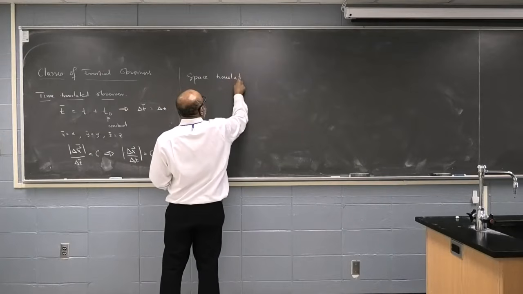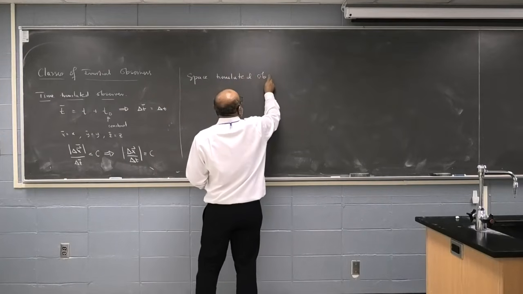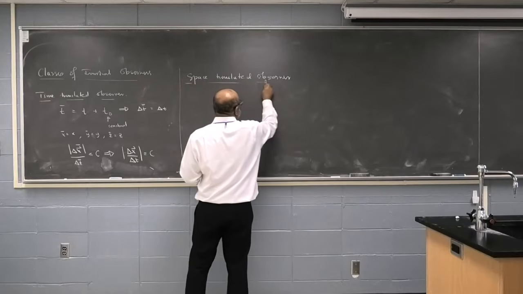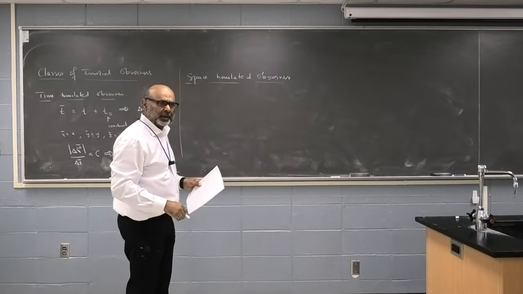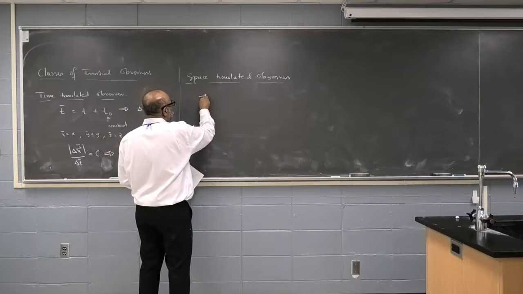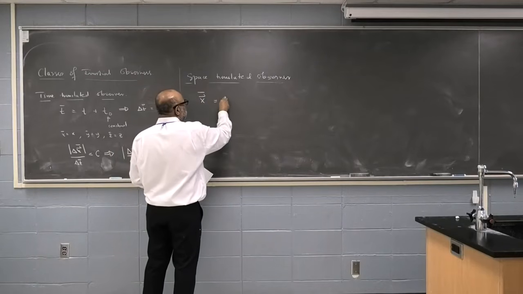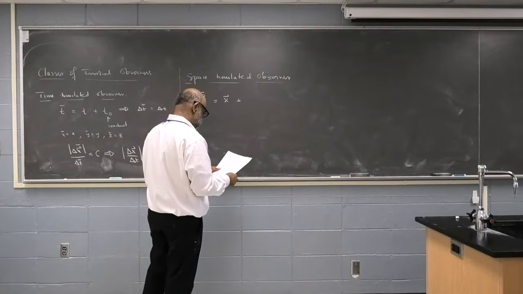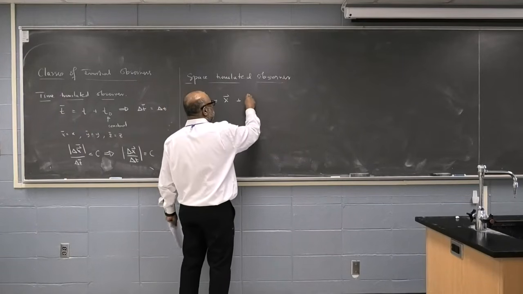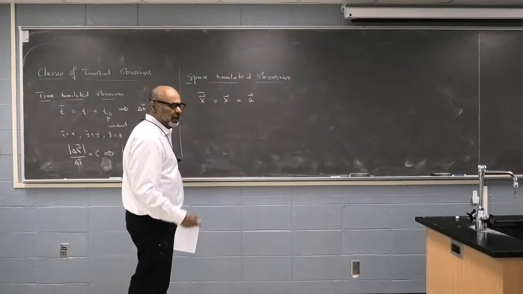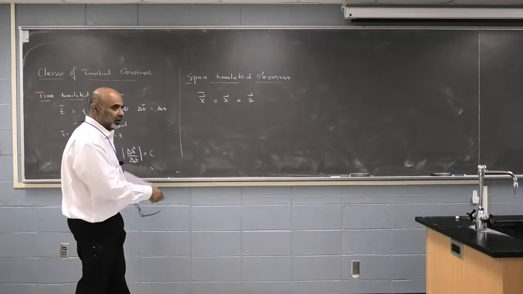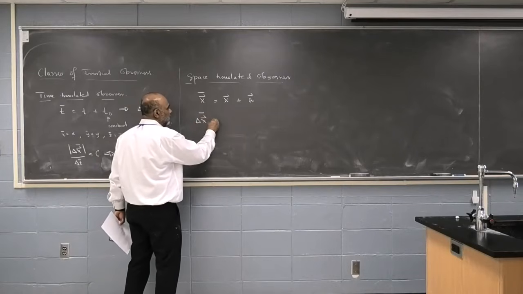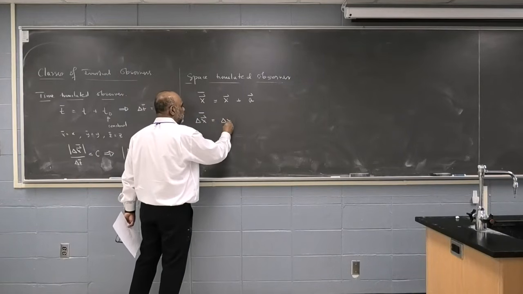What about space translate? These are not standard names, I'm just using them to list it out correctly. It would mean x bar is equal to x plus some constant vector. I don't really need to elaborate because delta x bar is the same as delta x.